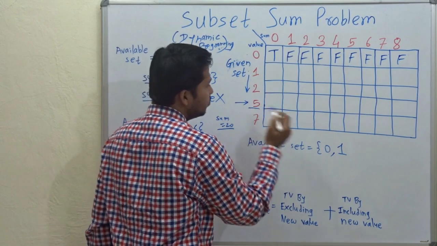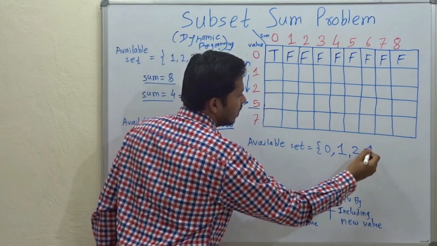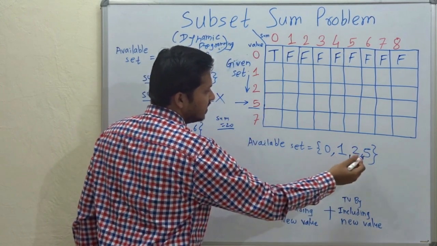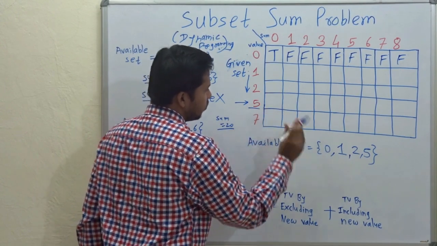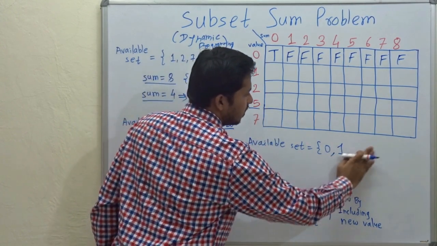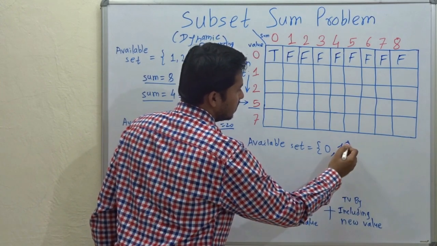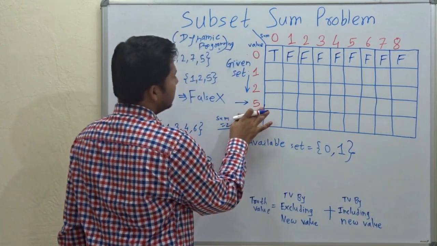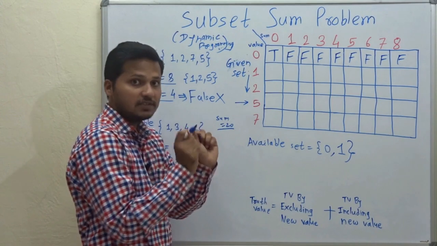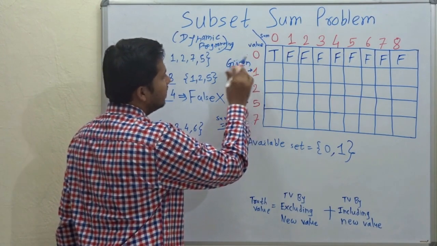So 0, 1, 2 and 5 is the set up to this row. So currently 0 and 1 are in our set because we are at the second row.